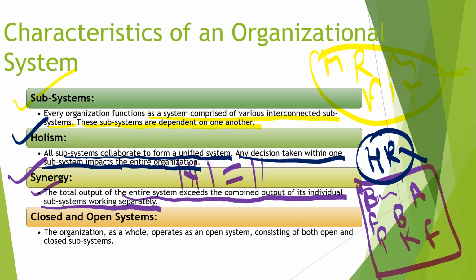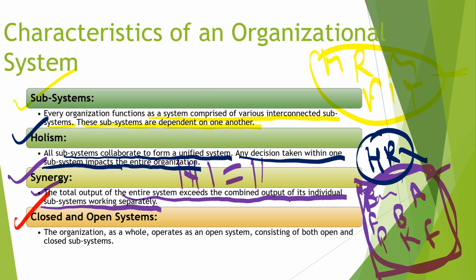So when we have all these people coming under one roof, we are making a strategy. That's why we said the entire system exceeds the combined output of its individual subsystems working separately. When those subsystems work separately, the output would be limited, but when they come together and work as one system, the output is more compared to individual performance.